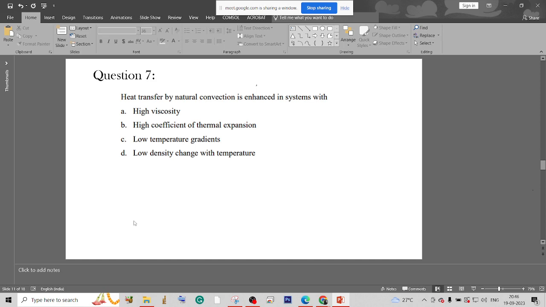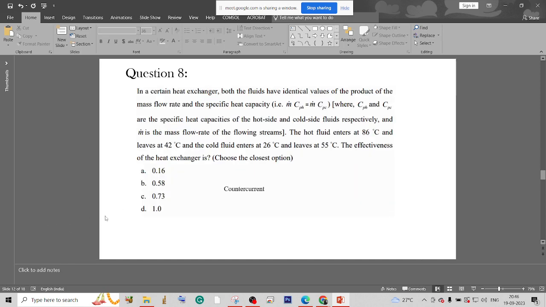Now let us proceed to question number 8. In a certain heat exchanger, both the fluids have identical values of the product of mass flow rate and specific heat capacity. That is m Cp, that is CpH and CpC, the specific heat capacity is the same.